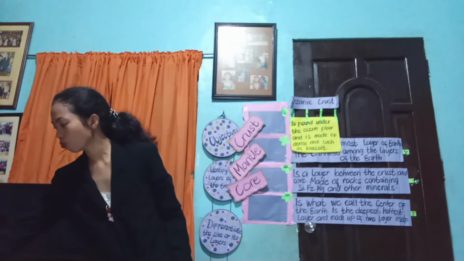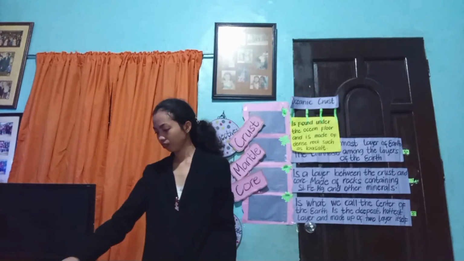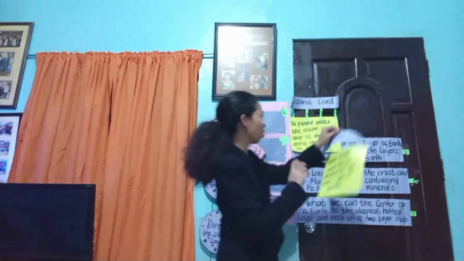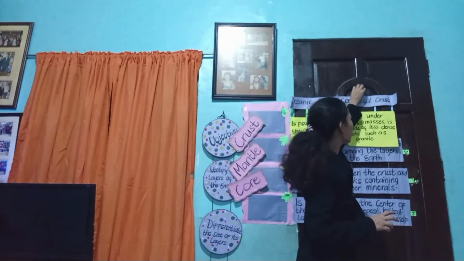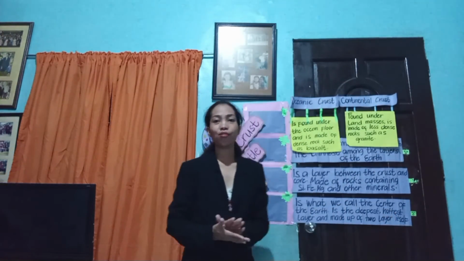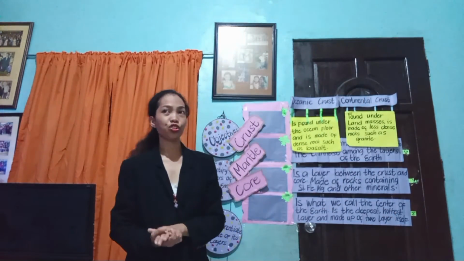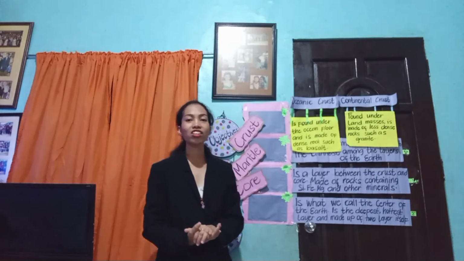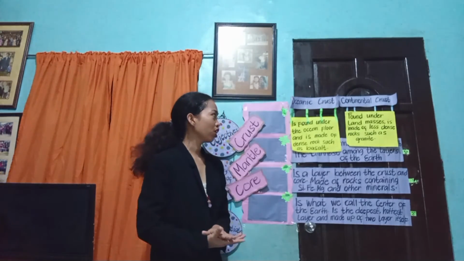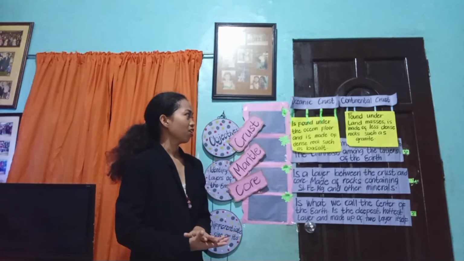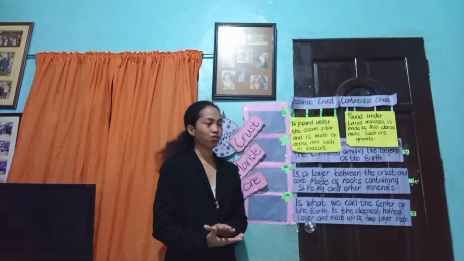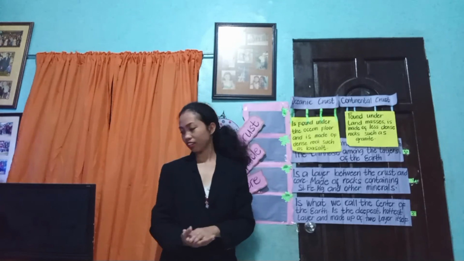And the second one is the continental crust. Where can we find the continental crust, teacher? The continental crust is found under land masses and is made of less dense rocks such as granite.